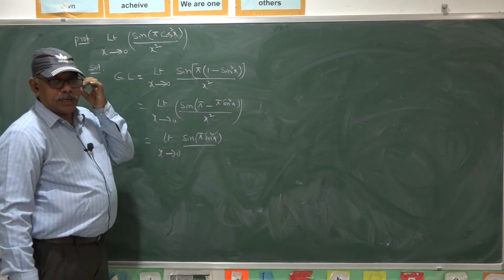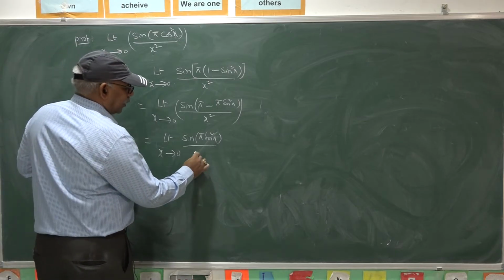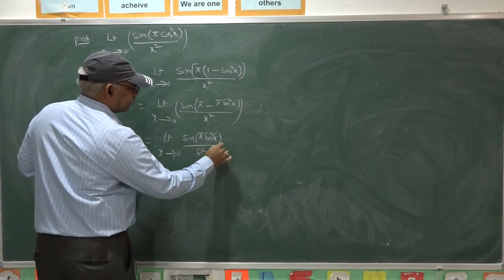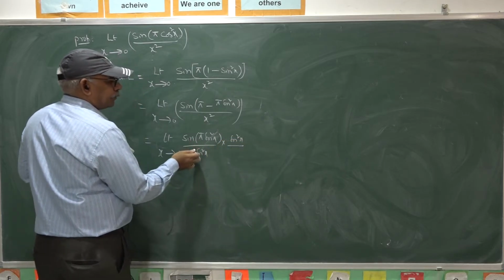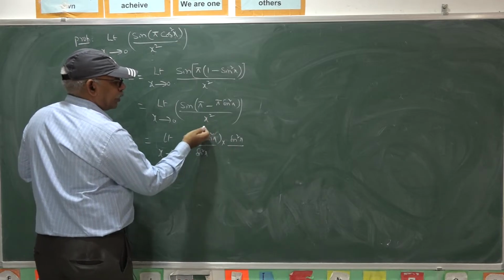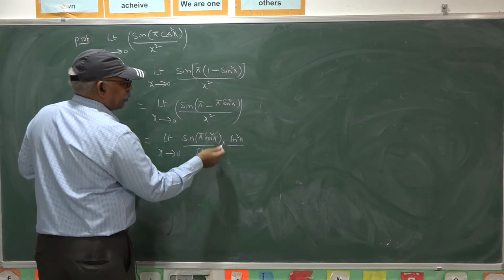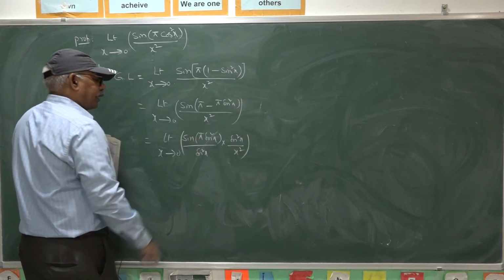Divide the numerator and denominator with pi sine square x itself, otherwise sine square x. I am dividing the numerator with sine square x and dividing the denominator; once you divide the denominator, it goes to the numerator: sine square x by x square. You can write that function in such a way.